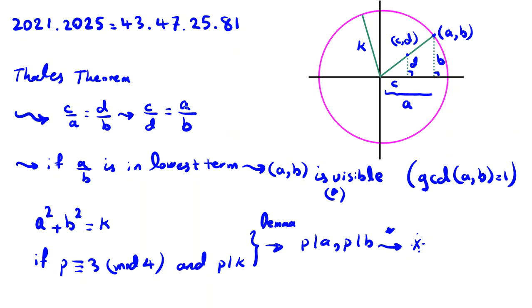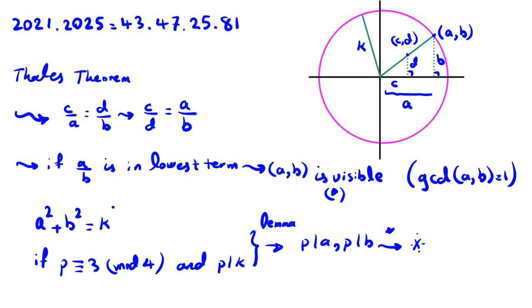So when you can simplify a over b, you would reach a smaller fraction, with a smaller numerator and denominator. And if a over b is in lowest terms, then you can say (a, b) is visible. So (a, b) is visible if it is in lowest terms, meaning the GCD of a and b should be 1.